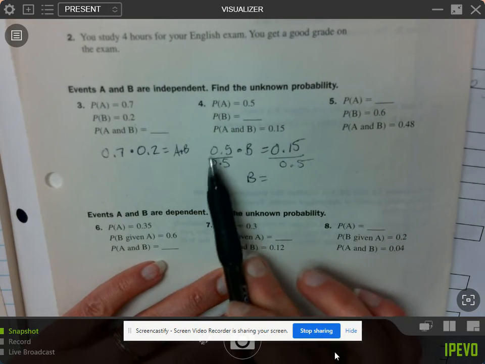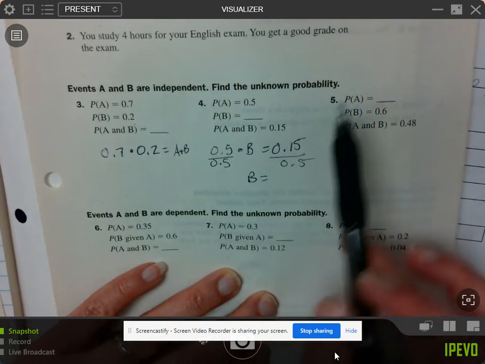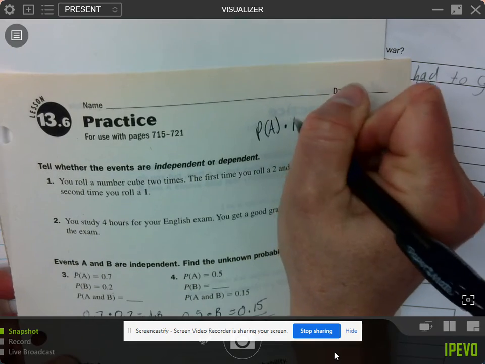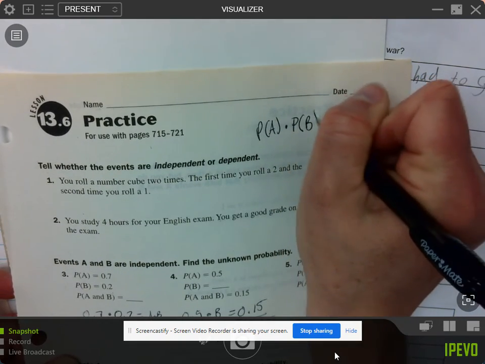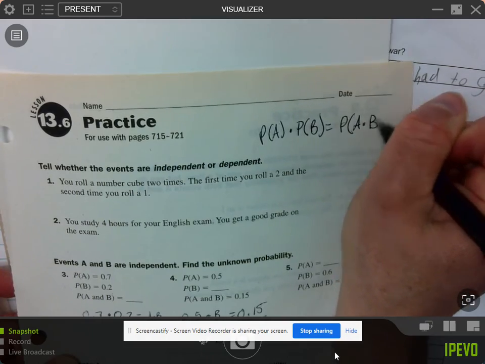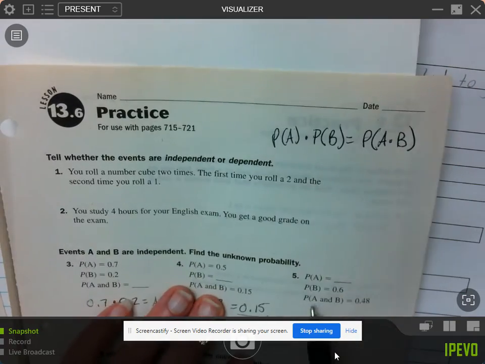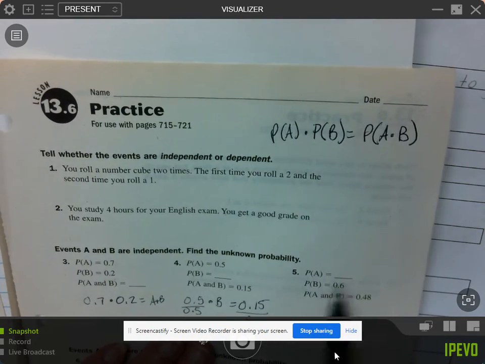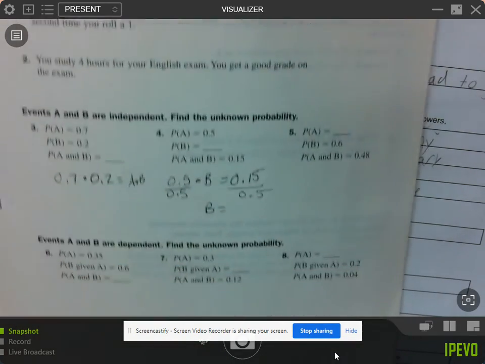Think about your equation. Put in the numbers. So we know our equation is the probability of A times the probability of B equals the probability of A times B. So you're going to fill in your known numbers and solve for the unknown.